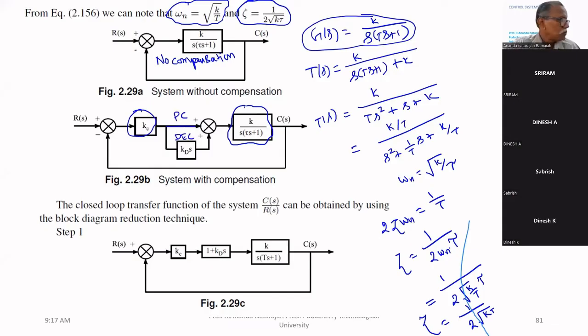If you add these two, we know from block diagram reduction, this gain is 1. Therefore, this can be written as 1 plus KDS. This is KC.